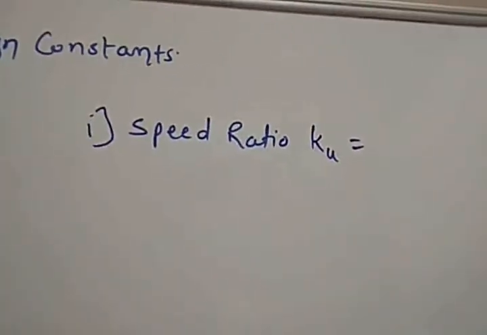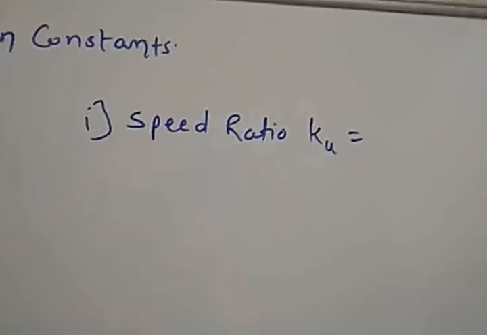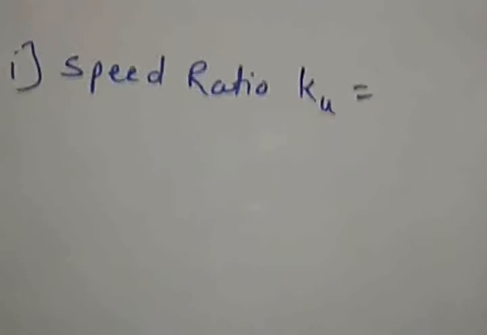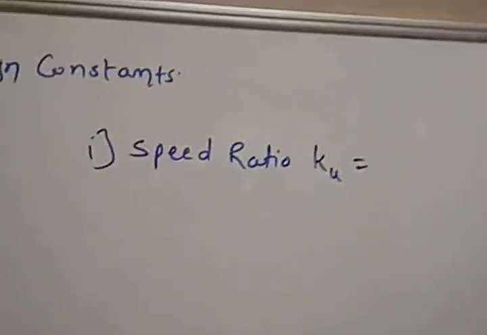It is defined as the ratio of peripheral speed at exit to the theoretical velocity of jet corresponding to manometric head.